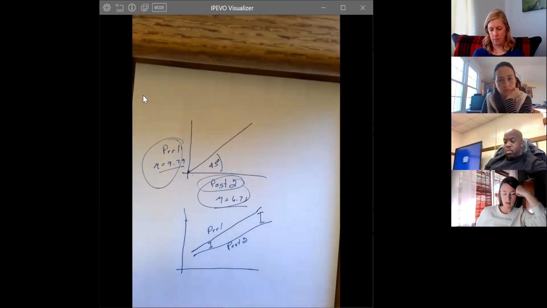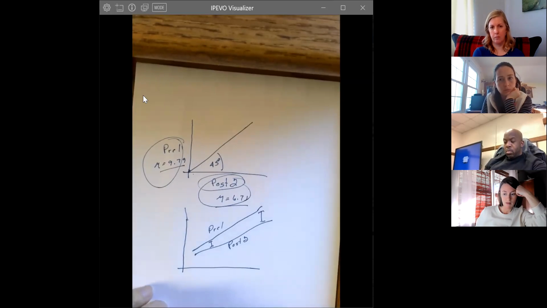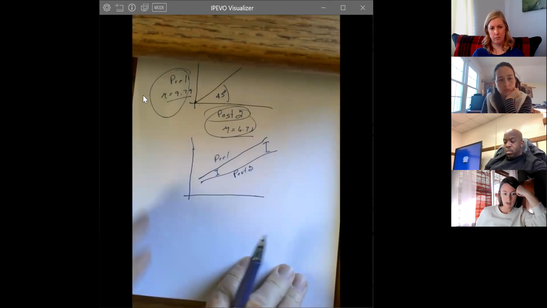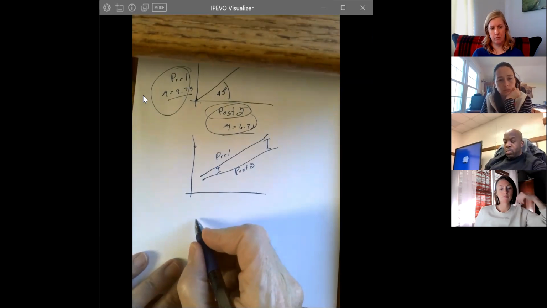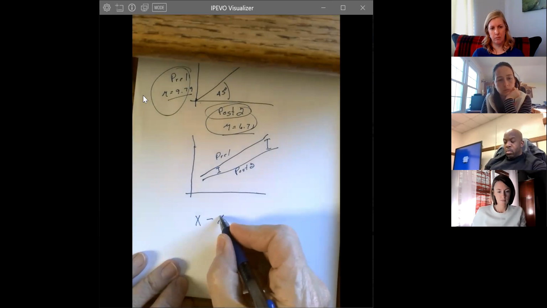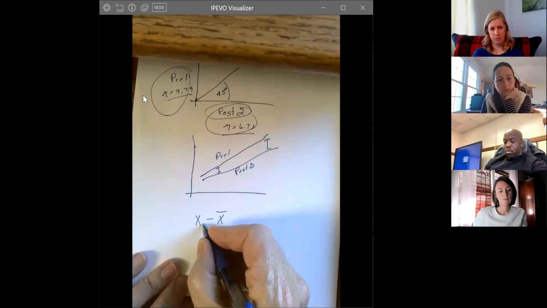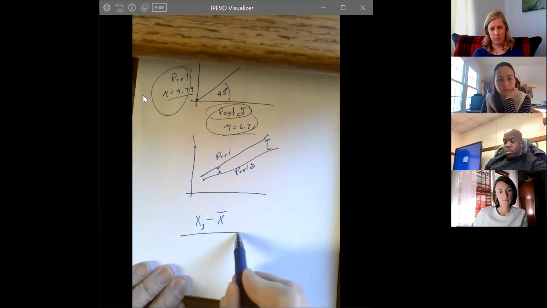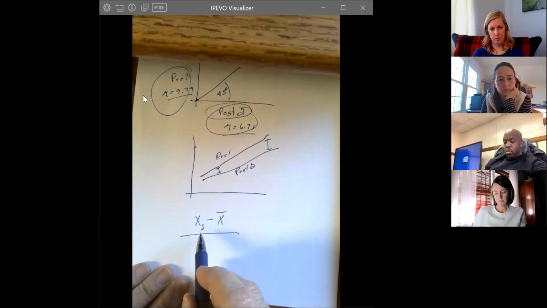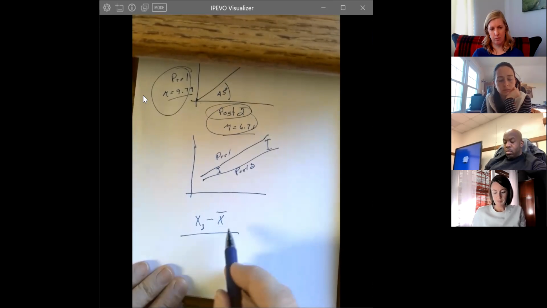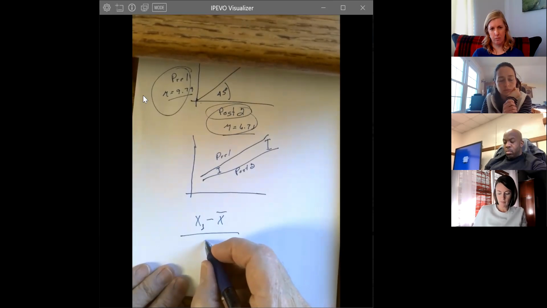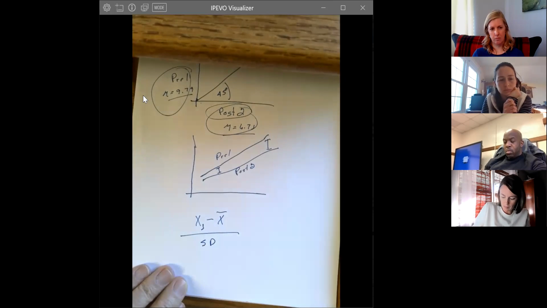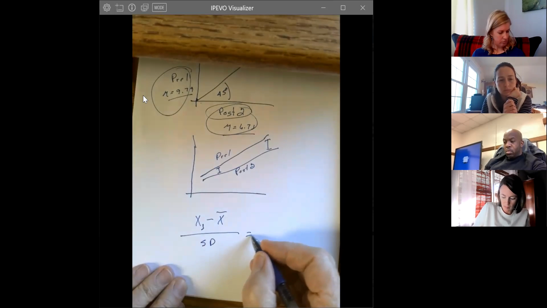Okay. And that's where those Z-scores come in handy. And the standardized scores come in handy. Remember when we talked about this, where we had an individual score minus the mean, and we generally talk about X sub J minus the mean for the group, where the J just means an individual score minus X-bar for the group, and then we divide that by the standard deviation, and that becomes a Z-score.